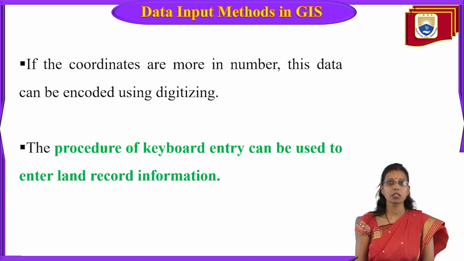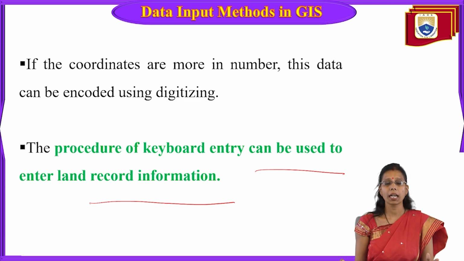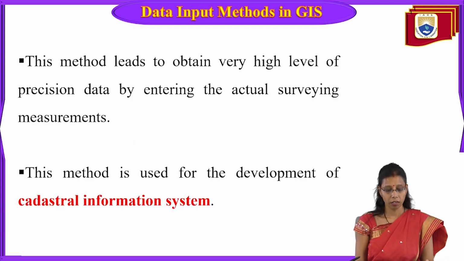The procedure of keyboard entry can be used to enter land record information. Any information related to land use, land cover, or land parcel can be added through keyboard entry. This method leads to very high precision data by entering the actual surveying measurements.